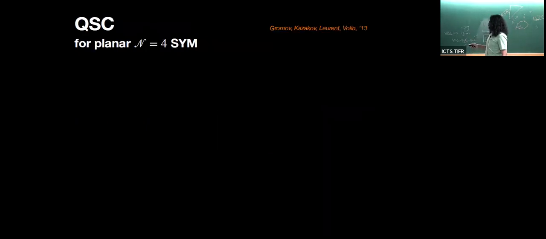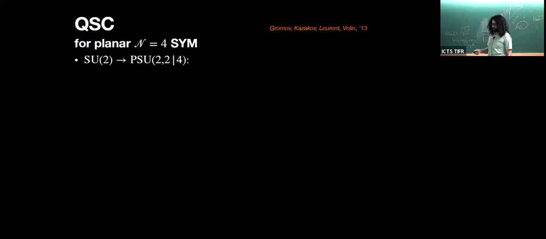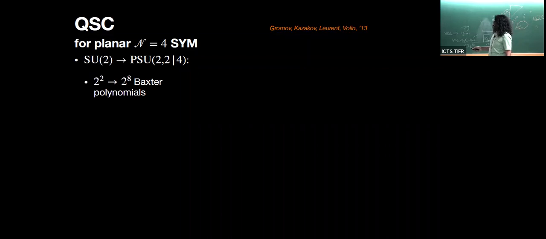So let me just quickly review the quantum spectral curve for planar N=4 super Yang-Mills. We don't actually have SU(2) anymore. SU(2) is only when you have X's and Z's. We actually have the full symmetry group PSU(2,2|4). So what this means is that instead of having 2 squared Baxter polynomials, I actually have 2 to the 8 Baxter polynomials.